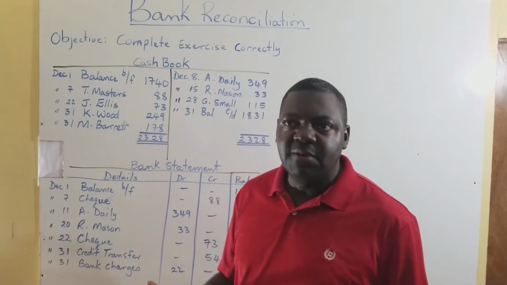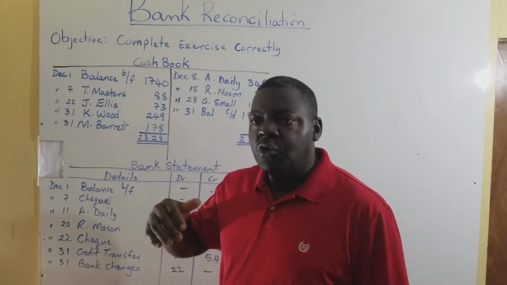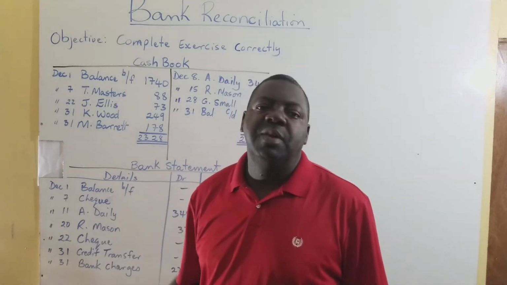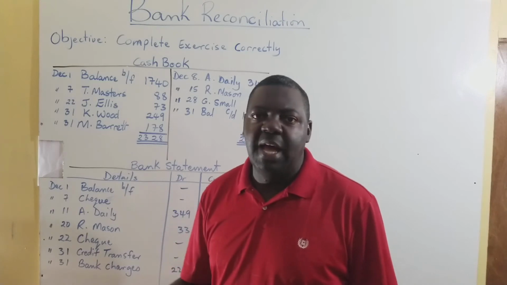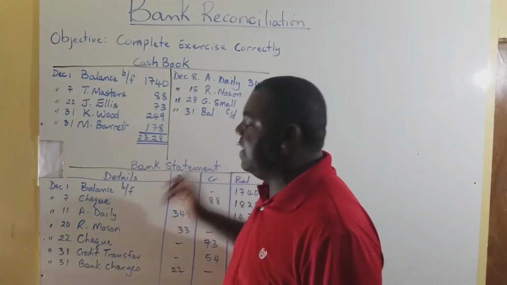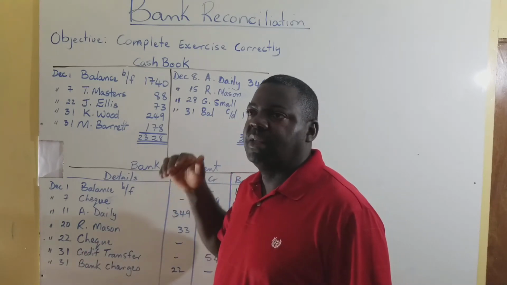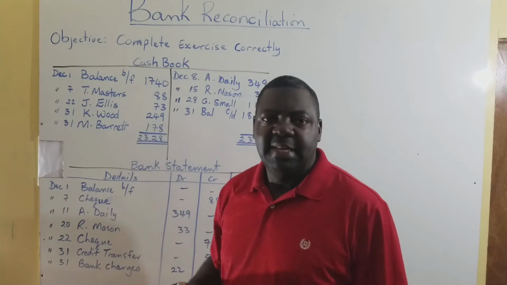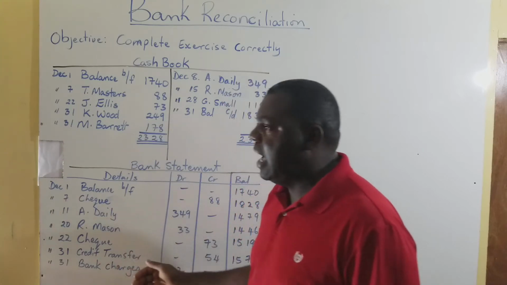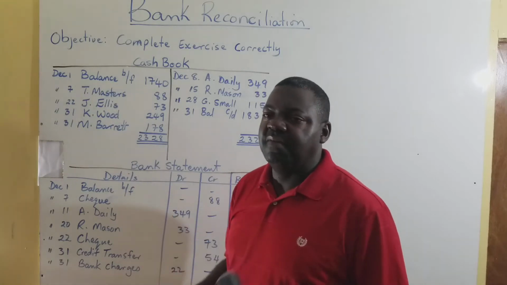And the other situation is where the bank may have done some entries, for example, bank charges. They would have done some entries and they have that in their bank statement, but we were not privy to it yet. So you'll find that the bank will have something that our cash book doesn't have, and vice versa.